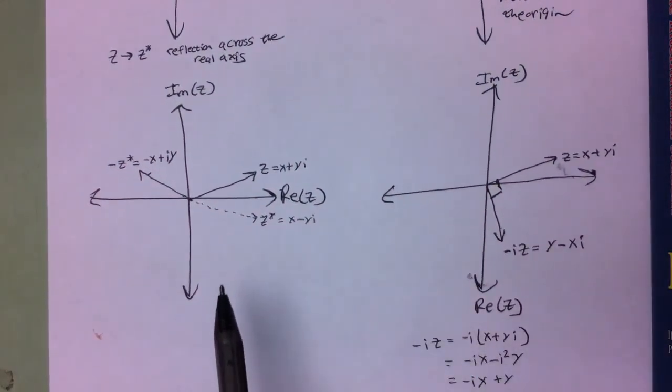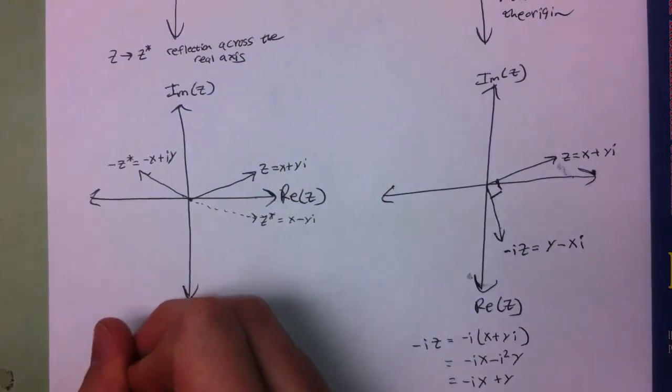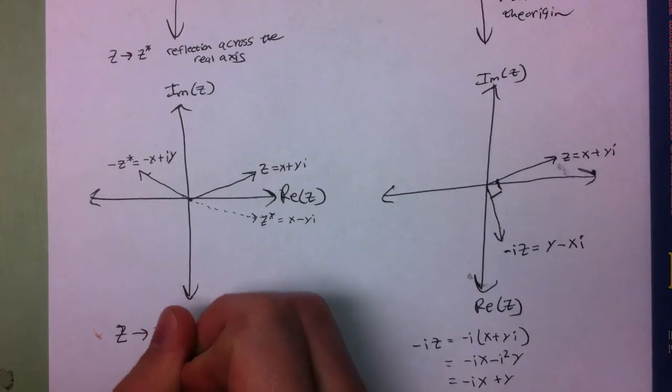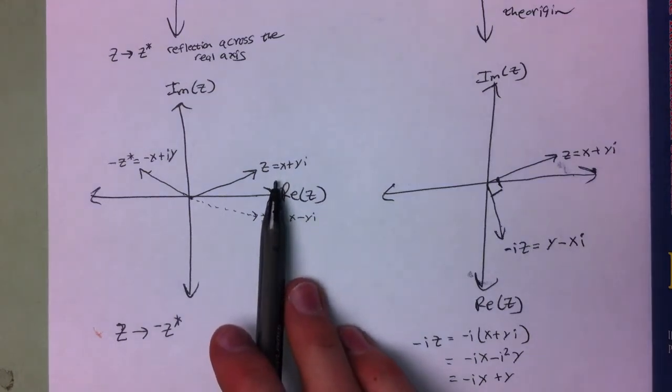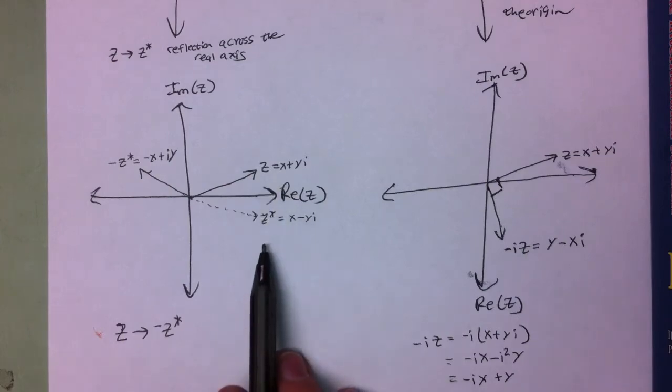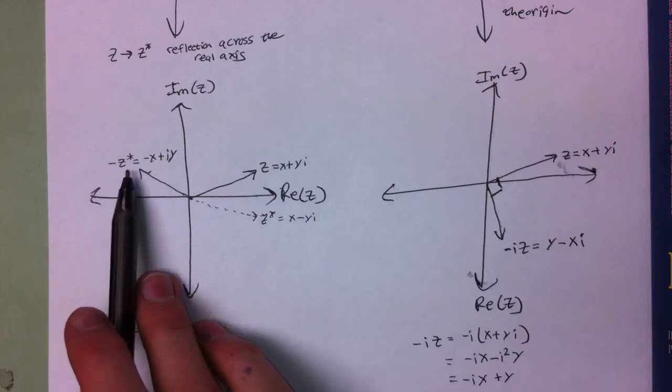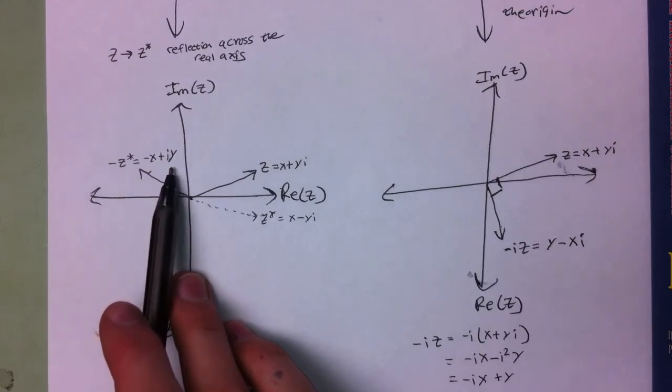Now, the next one I want to look at is going from Z to negative Z conjugate. And this one can be looked at as a combination of two transformations. So we could take the conjugate first to get x minus yi, and then take the negative of that to get negative x plus iy.